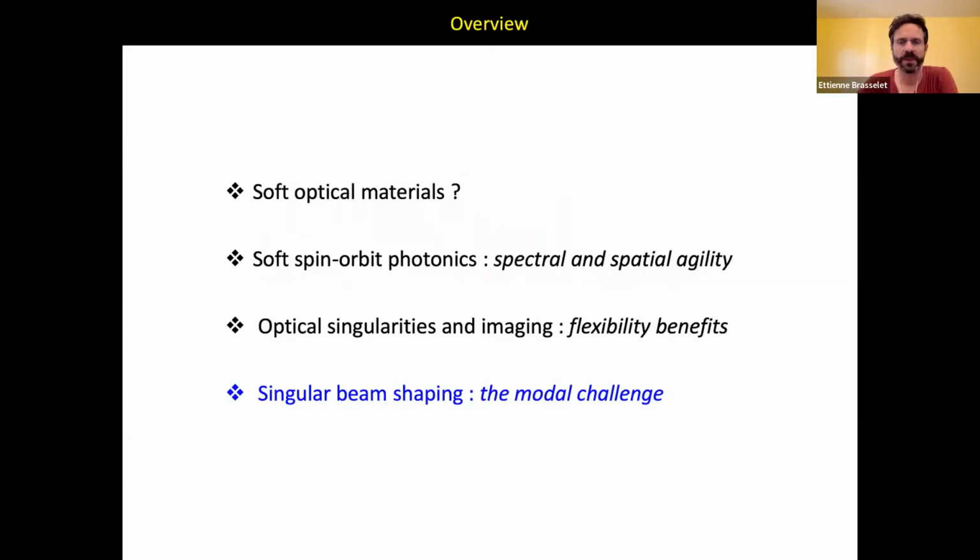Okay, so 2 more minutes to explain what I call the modal challenge. So far I was just illustrating, in a rapid manner and with a very limited number of examples, phase singularities. Also all the azimuthal shaping of the phase can be used for photonic purposes.